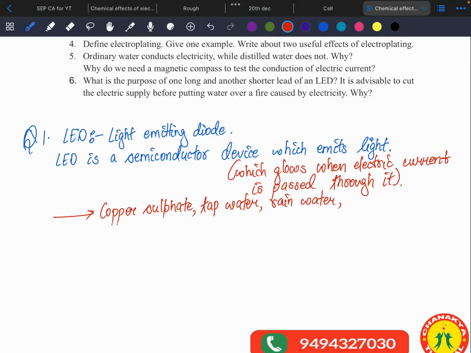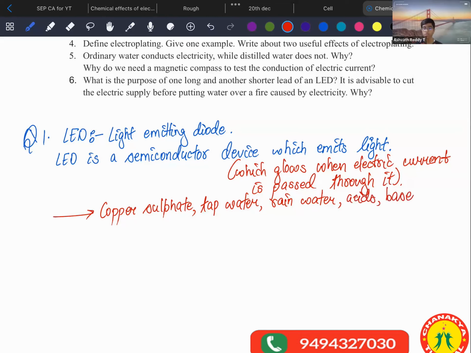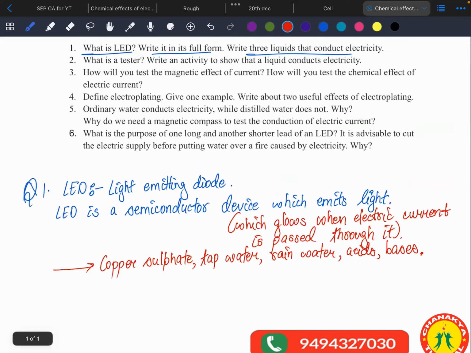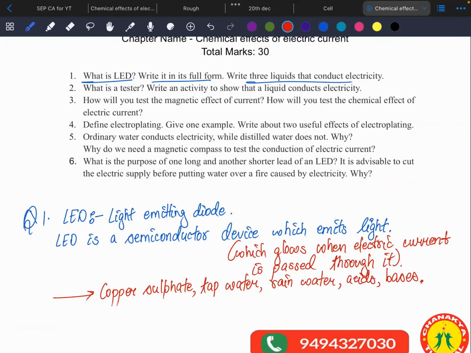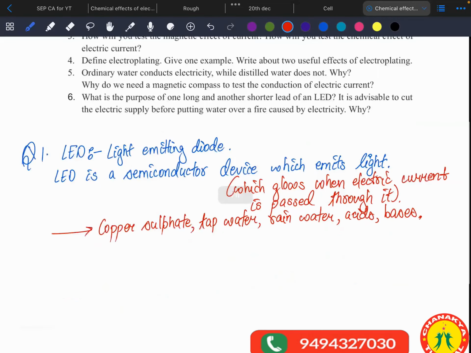In normal language we say rainwater, but it is actually precipitation coming from the sky, so it is a little towards the acidic nature. Okay, copper sulfate, tap water, rainwater, acids, bases. These are some of the liquids that conduct electricity.